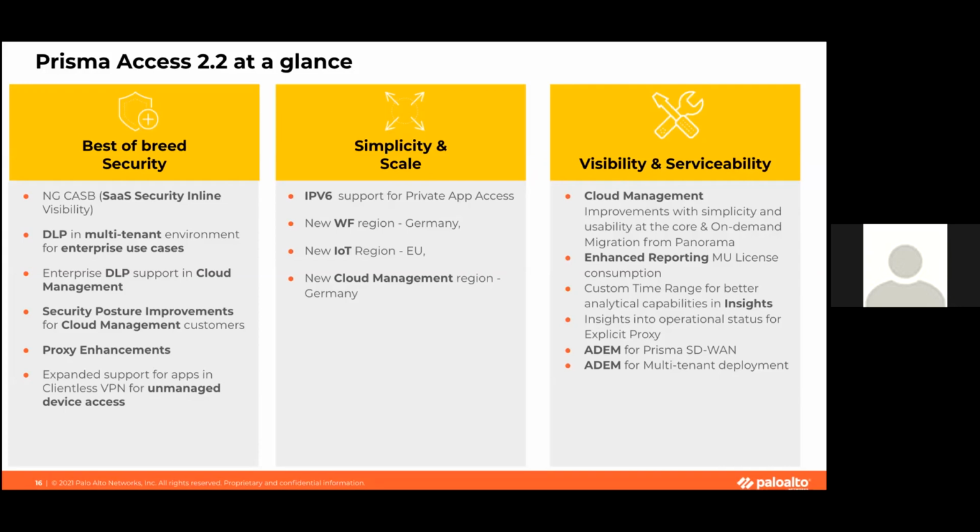In best of breed security, we have introduced in this release SaaS security inline visibility, DLP with the multi-tenant environment, DLP support in the cloud management, security posture improvements in the cloud management, some proxy enhancements, clientless VPN, extended support for different apps in the clientless VPN, IPv6 support for Prisma Access, some new regions, WildFire regions, IoT regions, and for visibility, we have introduced some new features for enhanced monitoring in our Insights and ADEM.